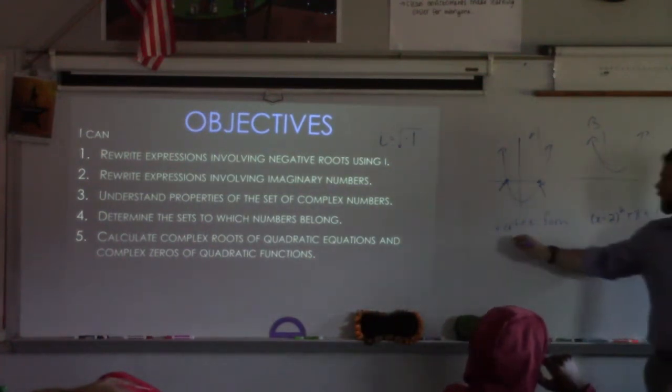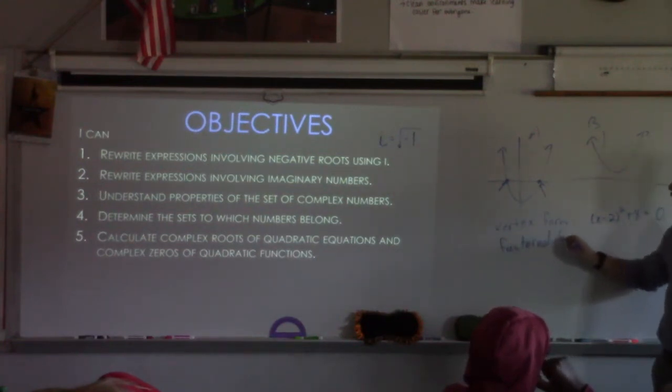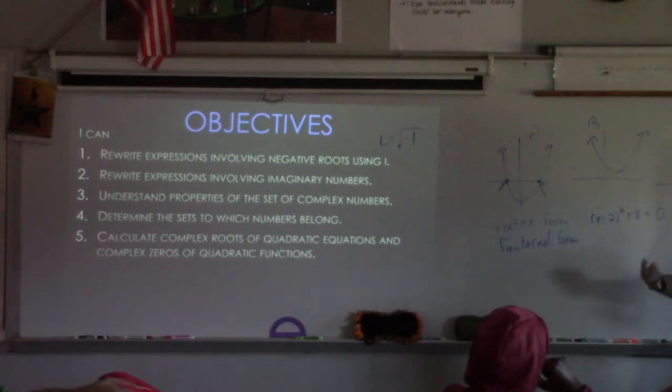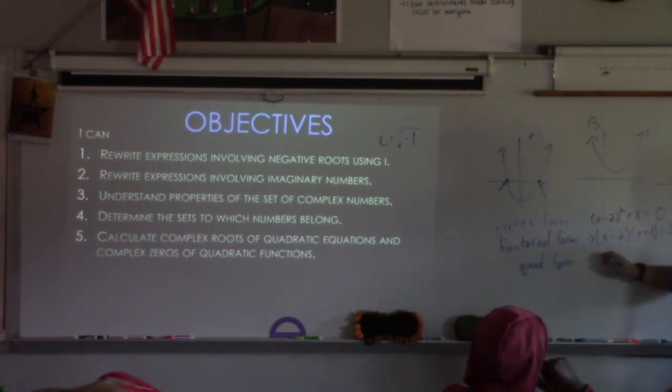We could do factored form. Remember, we always graphed it when it was in standard form to get the vertex form or the factored form. The quadratic formula, right? And so then you need to know that quadratic formula, we'll practice with it later.